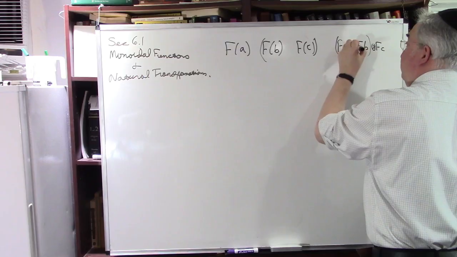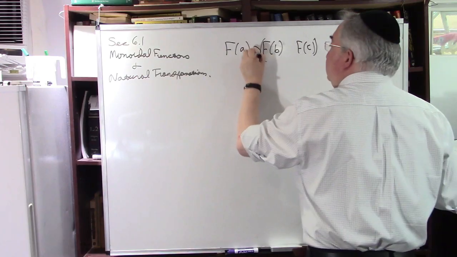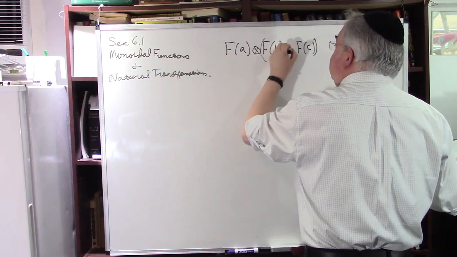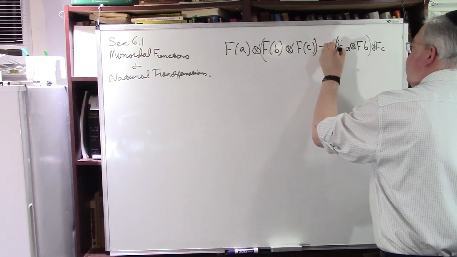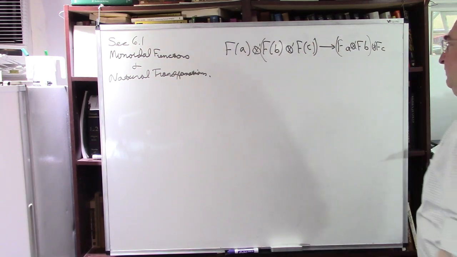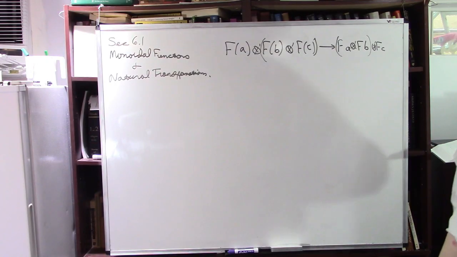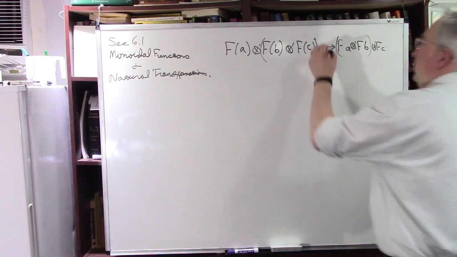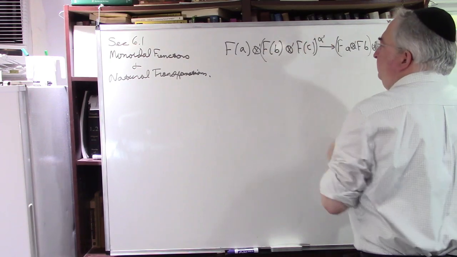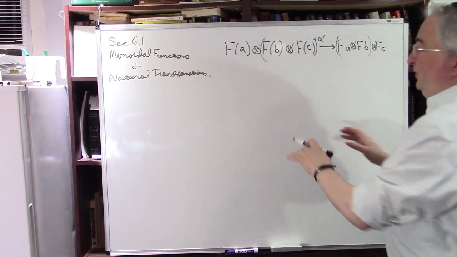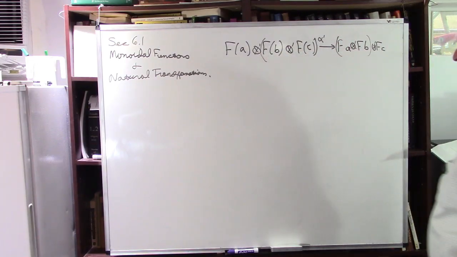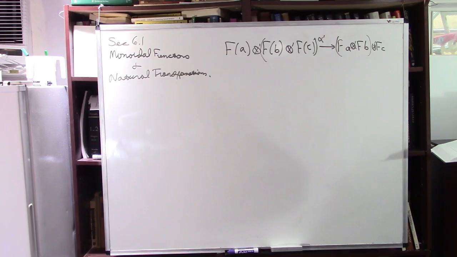I'm sorry, this is tensor product prime. This is tensor product prime. Okay? So this is alpha prime. So this is just a reassociator of these three different objects. Nothing to talk about. Okay, great.